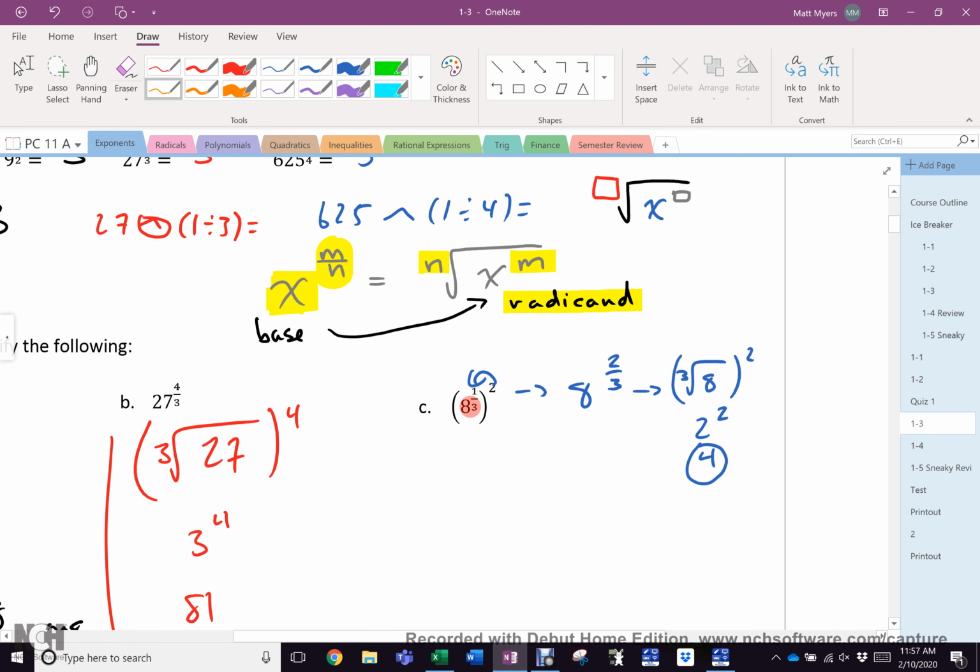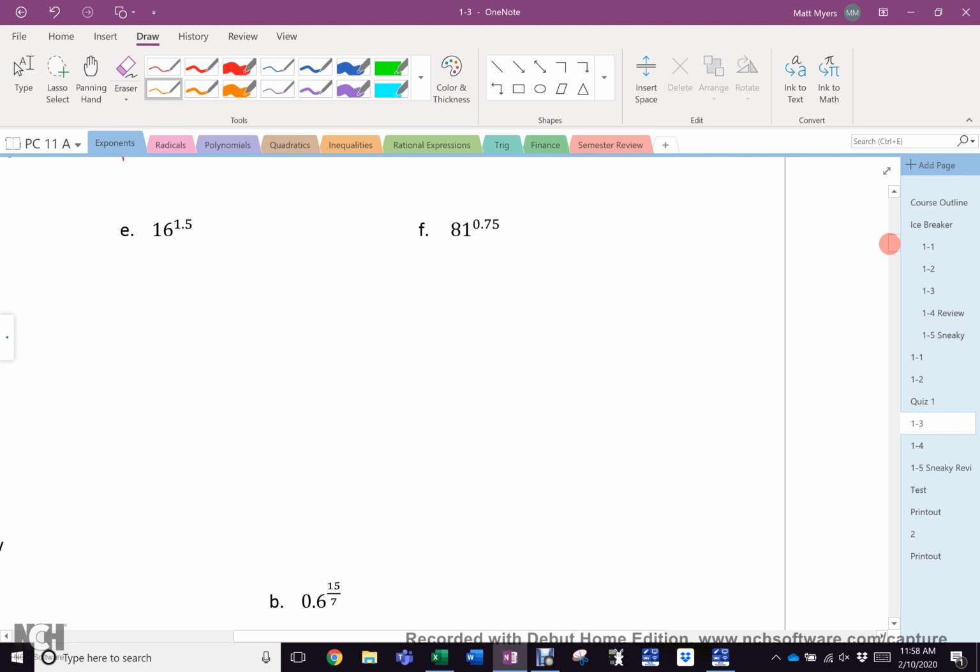You could say, well, isn't this right here just the cube root of 8? Those are the same thing, yes? And then you could square it, and you would get 2 squared, and you would still have 4. Right? If this one works out perfectly, go ahead and leave it perfectly. But if it doesn't, you'll want to remember your exponent laws. Yeah?